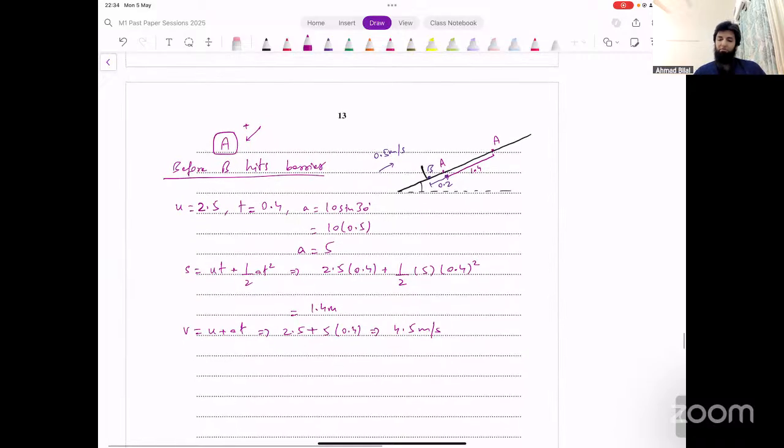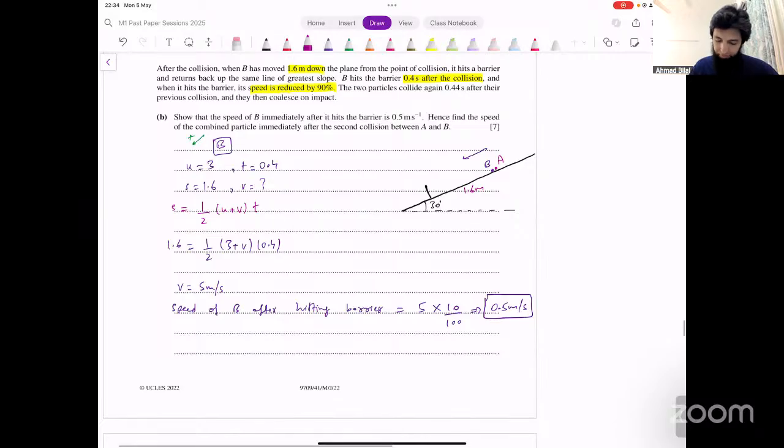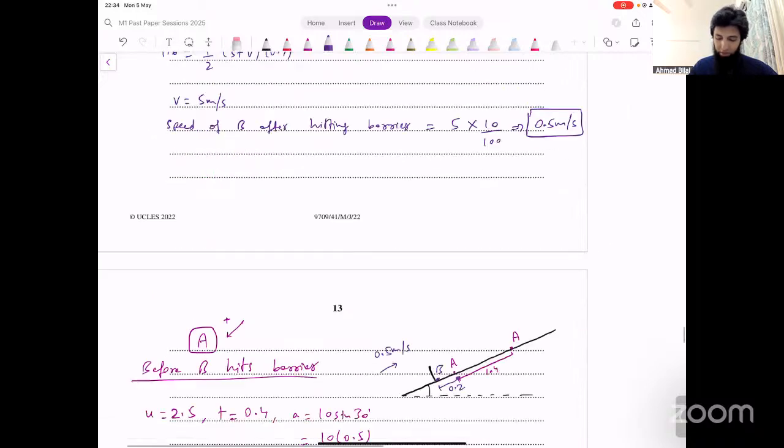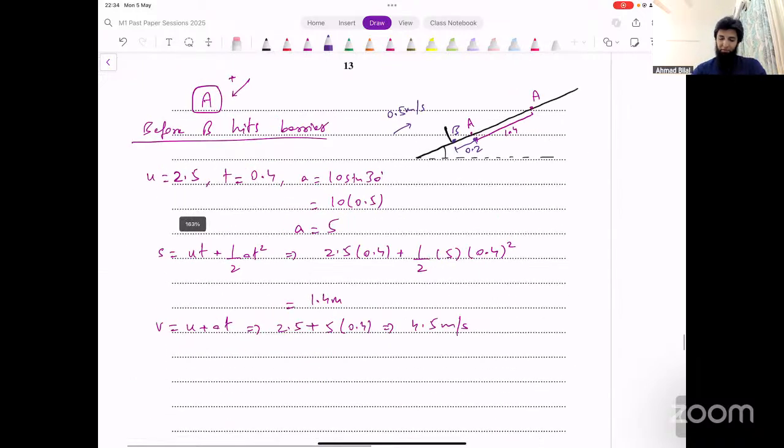If we know the time taken, we could skip some of this working. I did not remember that we had the time given as well. If we have the time given, we know the initial velocity for B, we've got the acceleration, we also know the time, we could find the velocities at that point directly without even finding the displacement.